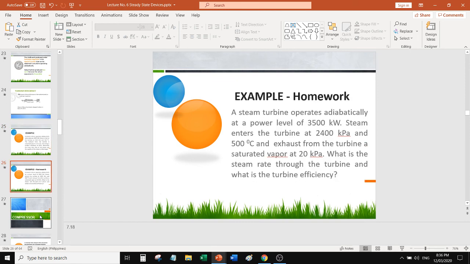So, ito ang homework nyo. Try to solve on your own. Gagawin ko na lang siyang multiple choice para pwedeng individual work. Okay, see you next lesson.